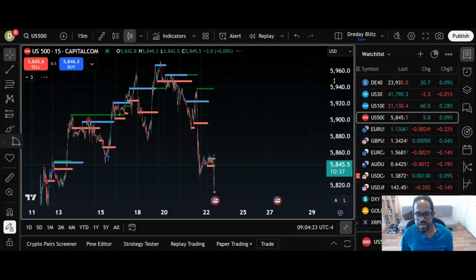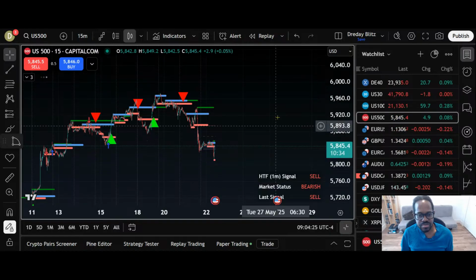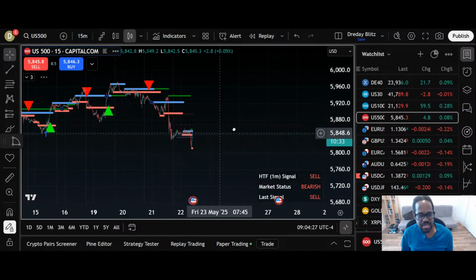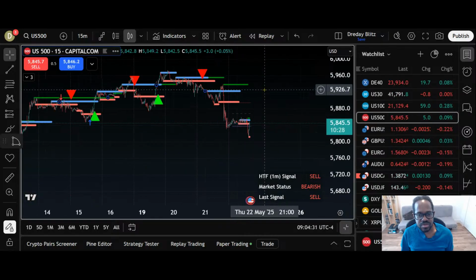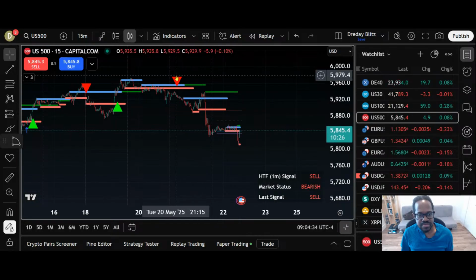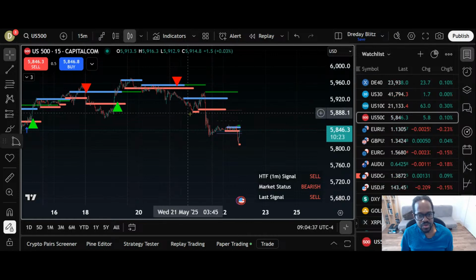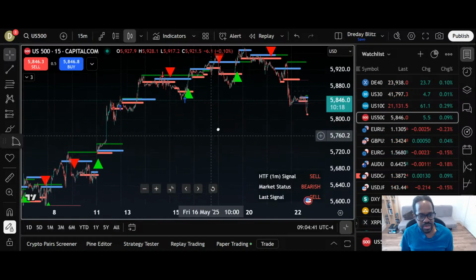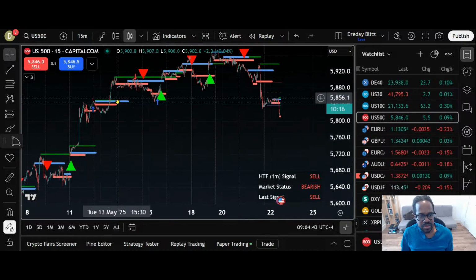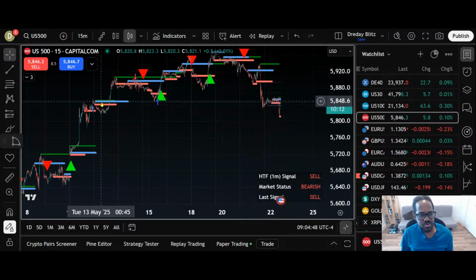Now we have SPX 500. It did the exact same thing as US 30. It started to sell off here at Asian on Tuesday, going towards Wednesday, and still going down as of now. It already went towards this previous resistance support zone.